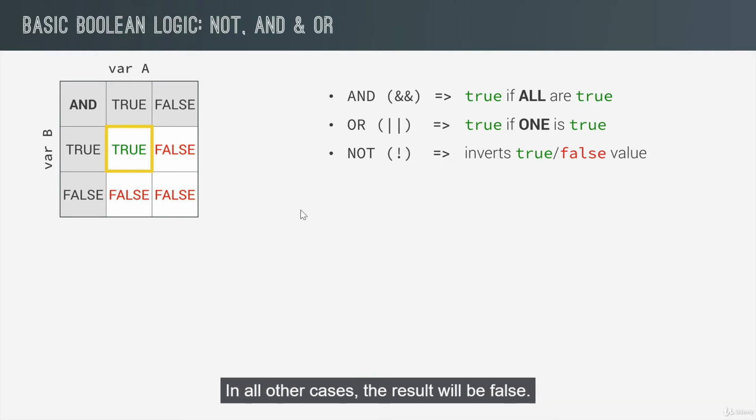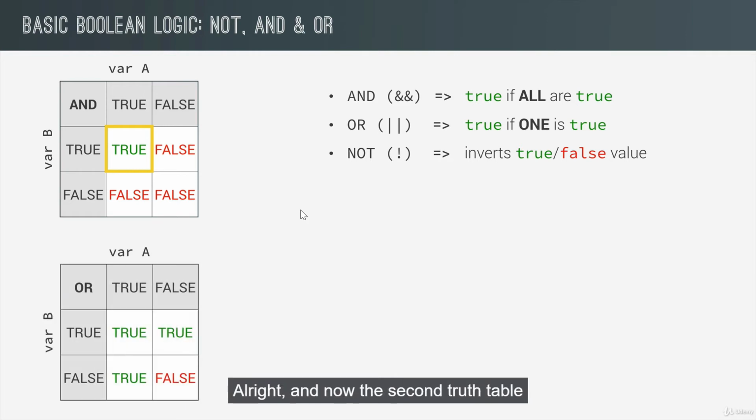In all other cases, the result will be false. That's why it's called the AND operator, because a and b must both be true in order for the result to be true as well. If either a or b is false, then a and b will become false as well. The same applies if there are more than two variables. Only if all the variables are true, then the AND expression will become true as well.